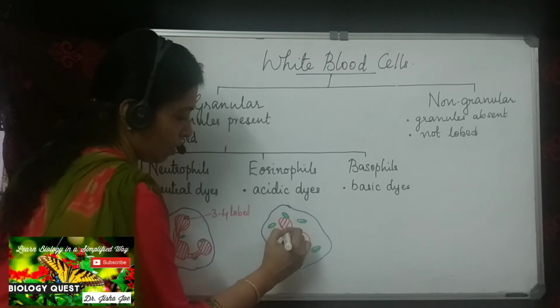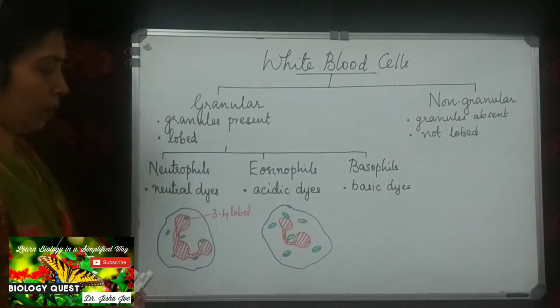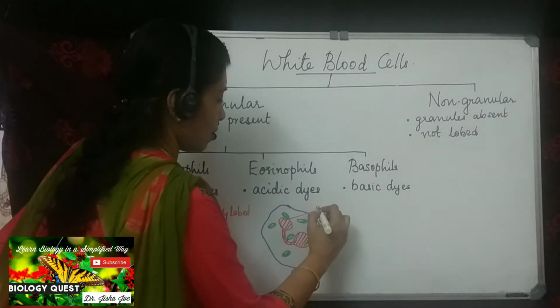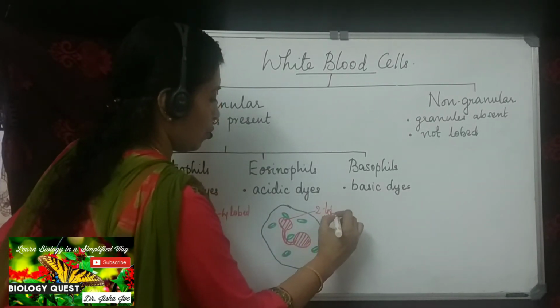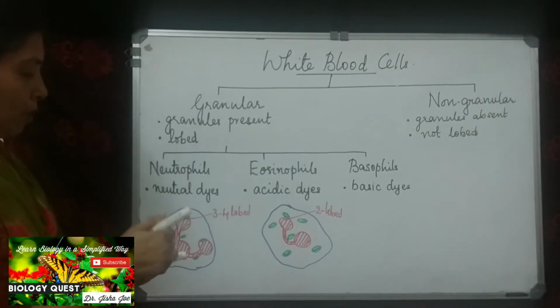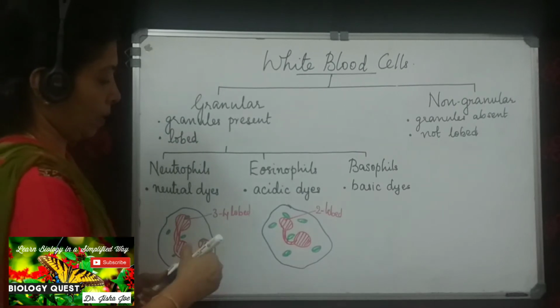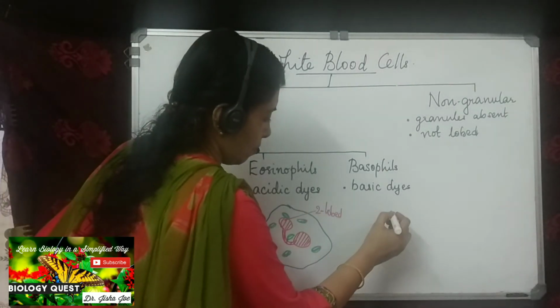You can see the 2 lobes of the nucleus. Now moving on to the basophils. That is the basophil there.